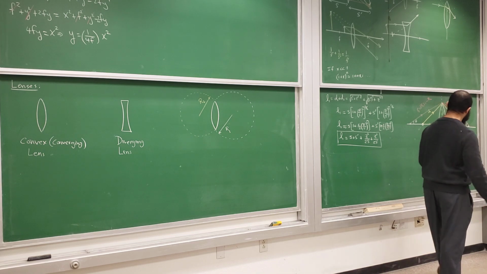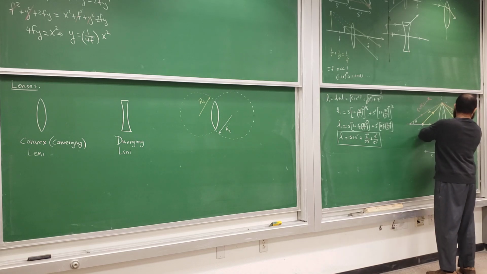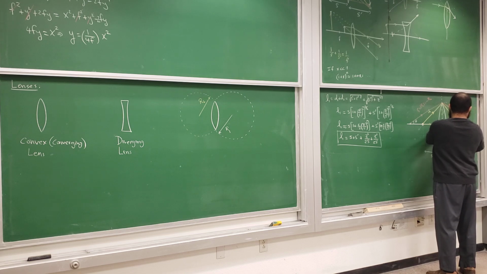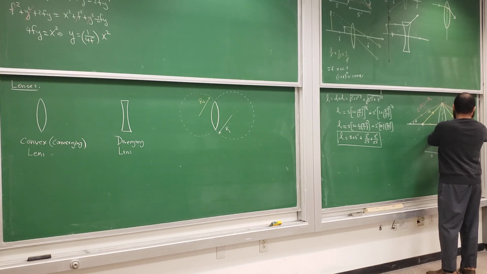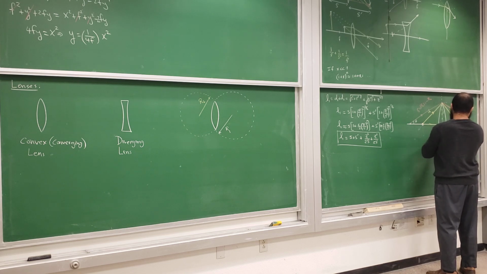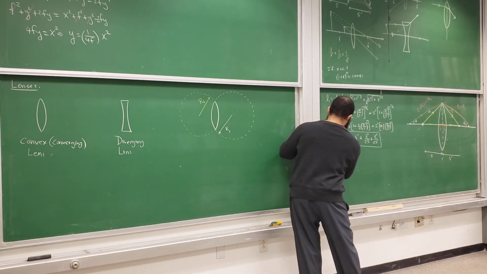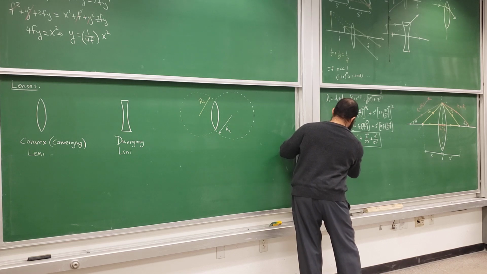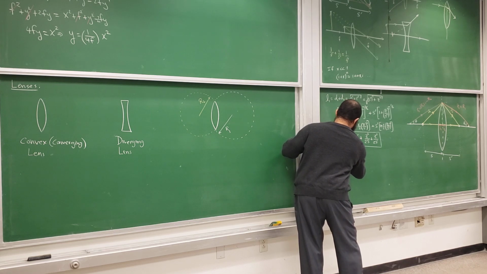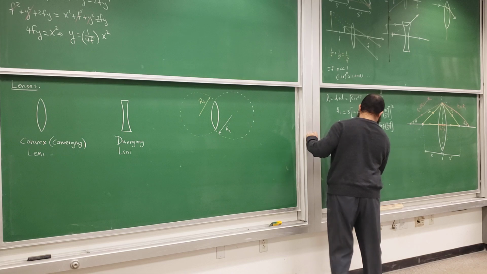Let me say it one more time. What's the distance from here to here? R1. What's the distance from here to here? R1 times cosine theta 1. The difference between them is delta 1. Delta 1 will equal R1 minus R1 times the cosine of theta 1.